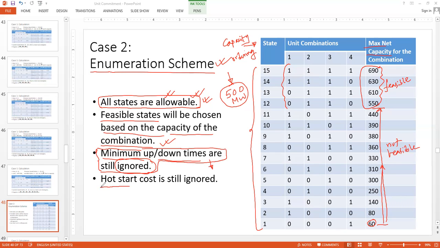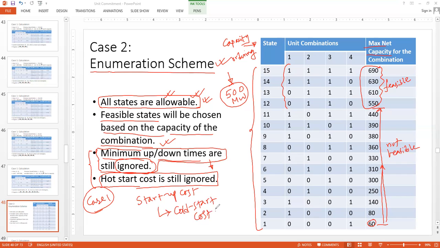Features 3 and 4 are the same as case 1. Number 4 says that we are still ignoring the hot start cost. That means if anything is mentioned about startup cost, it is a cold start cost and not the hot start cost.